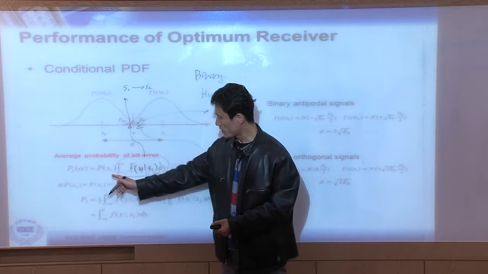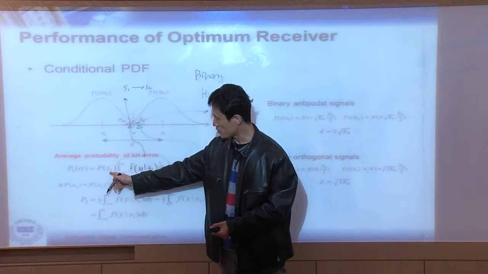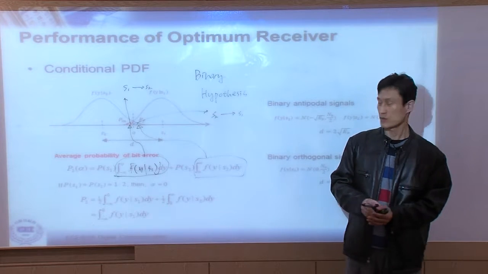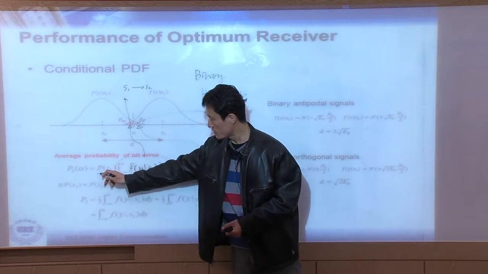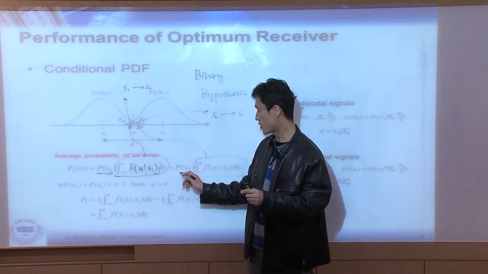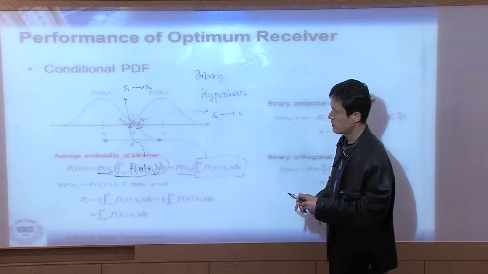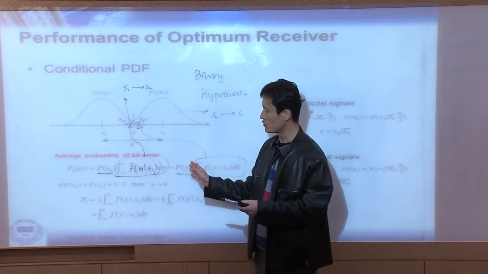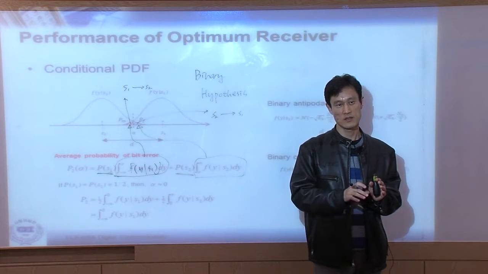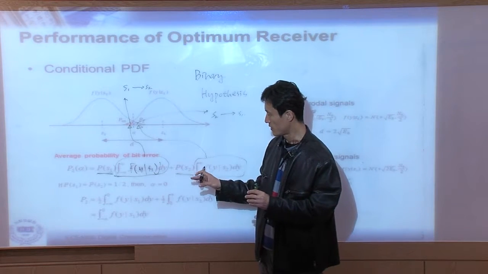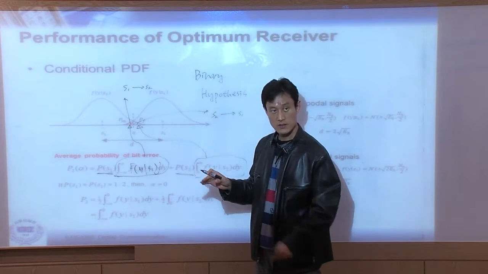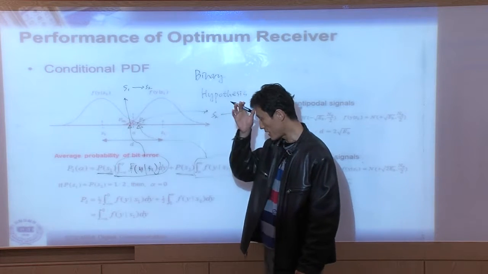And each one, we multiply by the probability of S1 and the probability of S2, which correspond to weights. If S1 and S2 are both transmitted with equal 50-50 probability, then it will eventually cancel out. But in this case, it may not be the case, right?